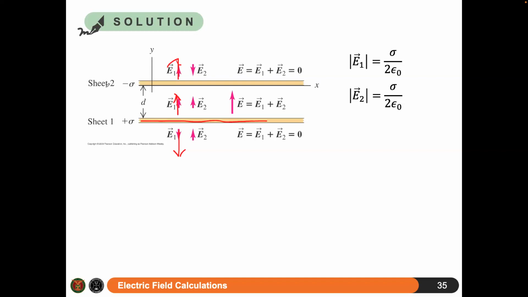Sheet 2 has negative sigma, so the direction of its electric field should be inwards. So from here, this is plane 2: inwards, inwards, inwards.